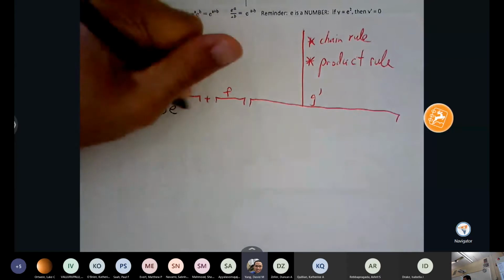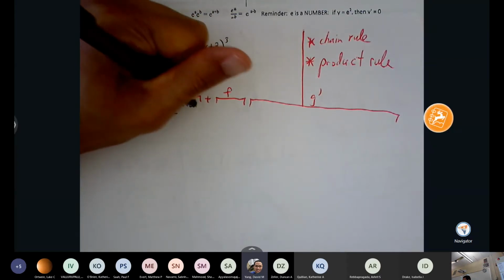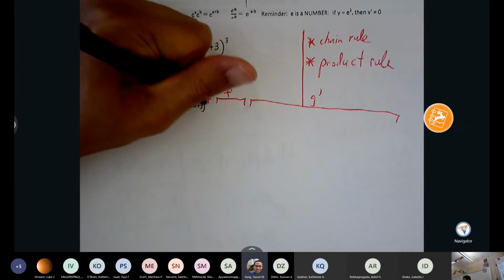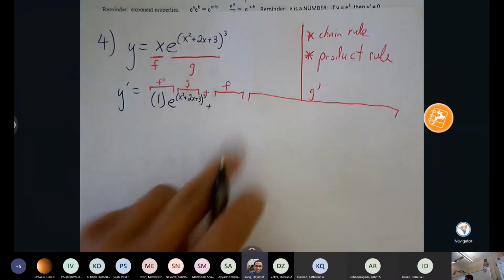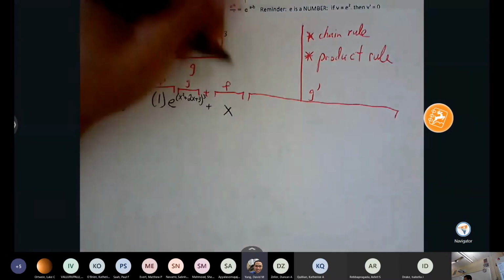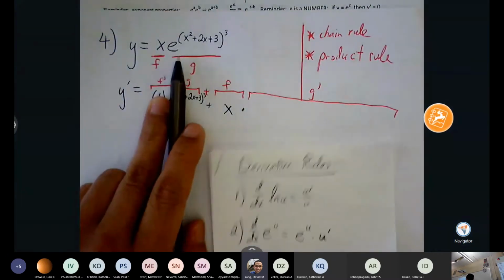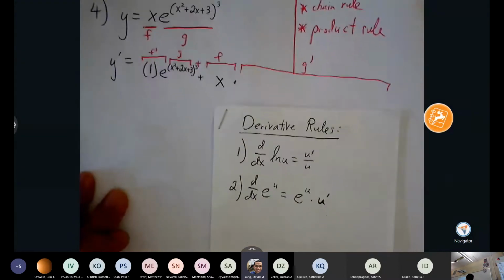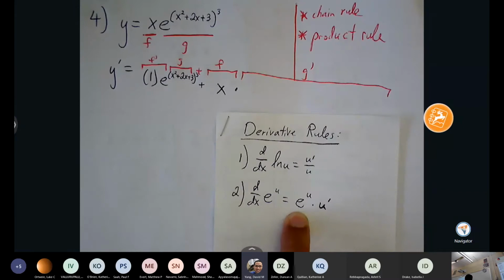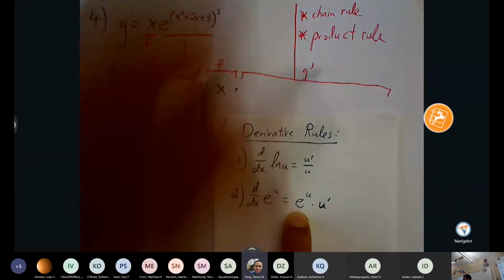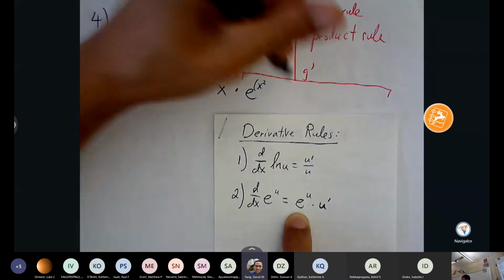Copy everything I see there. Back to f, no changes. All right, g prime. Okay, let's build this piece by piece. What comes first? u. Copy everything you see, right? No changes.